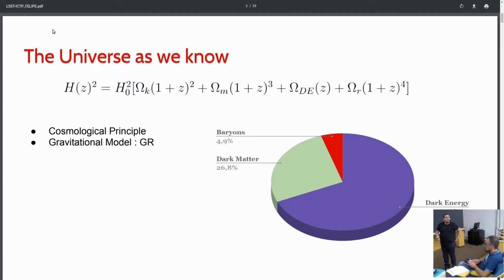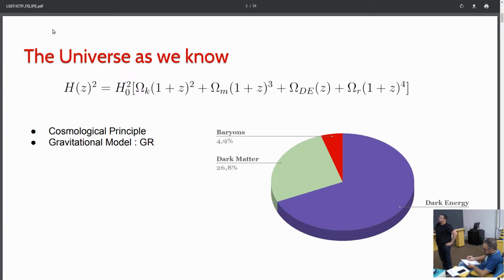So we assume that on large scales we have homogeneity and isotropy, or that we are not the center of the universe, in other words. And we also assume that the gravitational model that rules the universe is general relativity. We assume this because we don't have any evidence to assume otherwise. It seems it works very, very well.